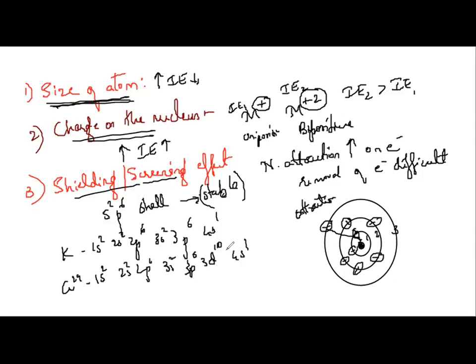So the ionization energy of K is much less than copper, because here there are more inner electrons which shield this valence electron. This is due to the large screening effect of these inner shell electrons. Understood? So shielding or screening effect is one of the examples. Next reason.